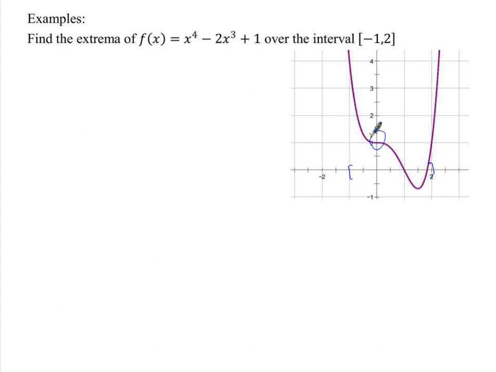Take the derivative. So I get f prime of x equals... squared. Is that it? And what do we do? Okay. Now we set it equal to 0.